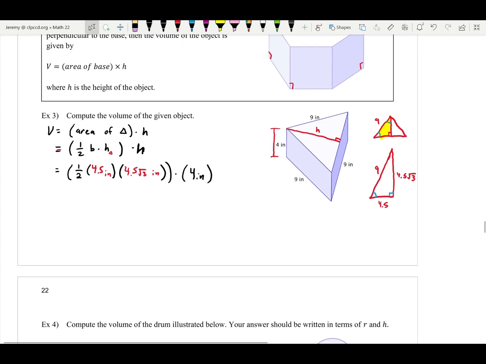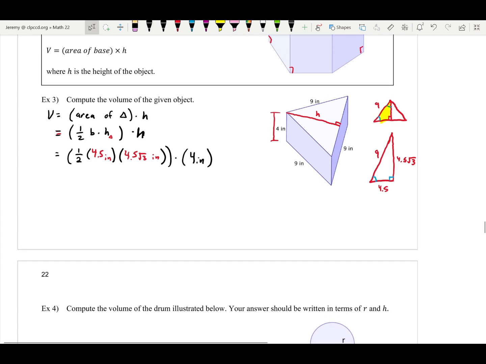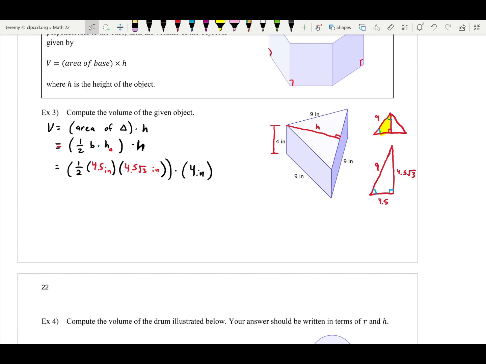All right, so working carefully, trying to stay super organized. Now I am going to reach for my calculator and see what we get out of this. So multiplying together, we'll do 4.5 times 4.5 times root 3, and then times 1/2 times 4.